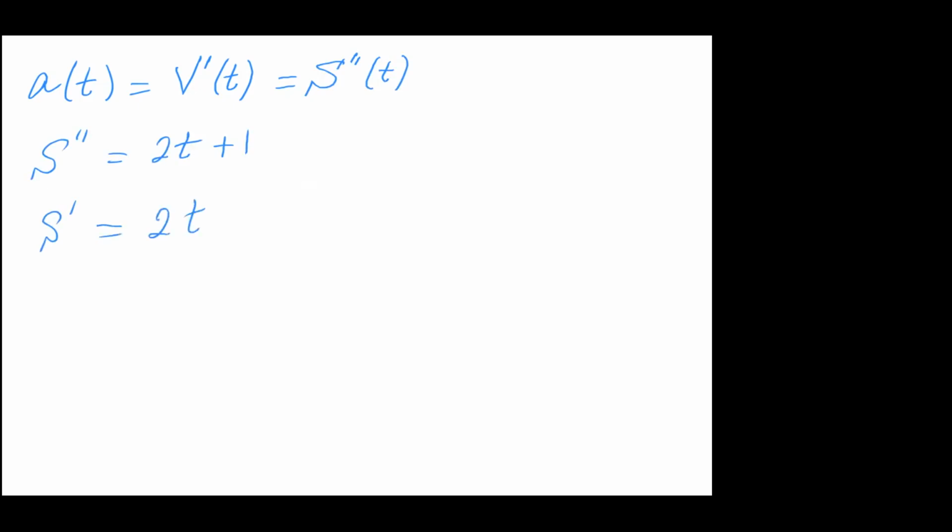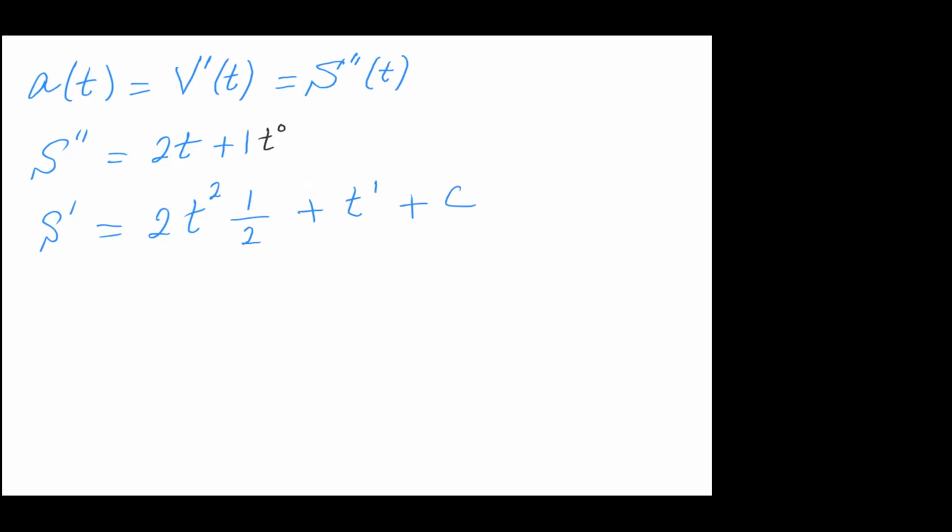Add 1 to the power of t, so I have t to the second power, divide by 2 or multiply by 1/2. Plus, remember that you can think of this as 1 times t to the power of 0. So now I have t to the power of 1. And I'm not going to divide or multiply by 1 because it doesn't change anything, plus some constant c.